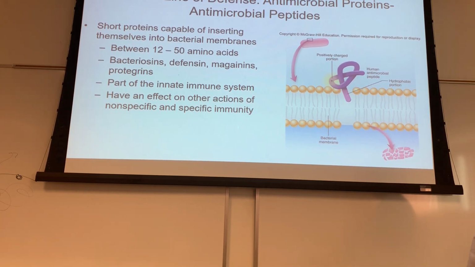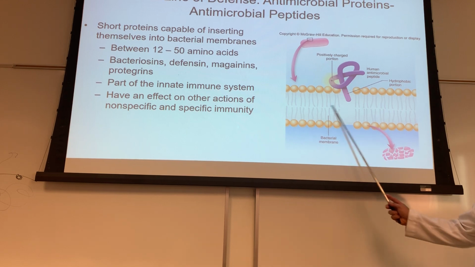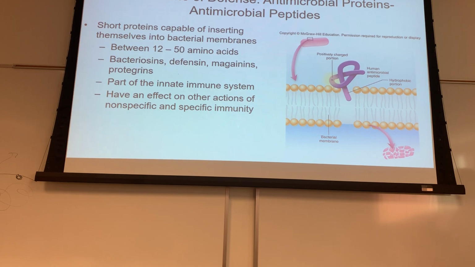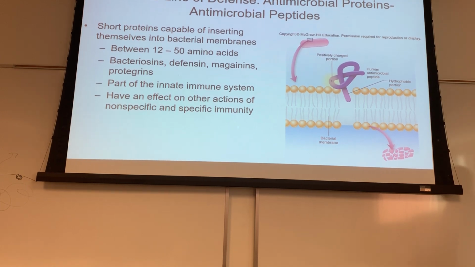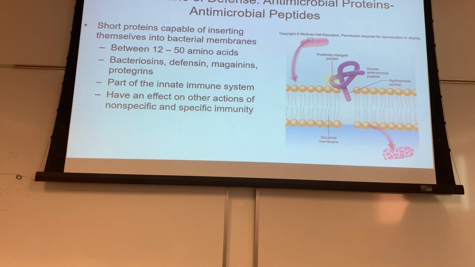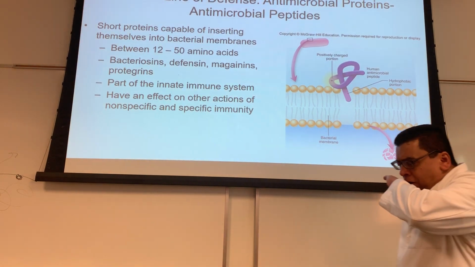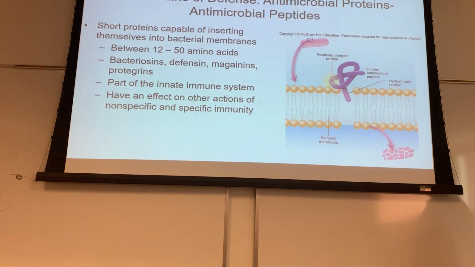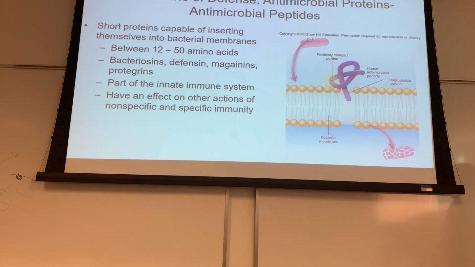And as soon as you disrupt the bacterial cell membrane, the consequence, of course, is lysis. Anything that disrupts the cell membrane, whether it's a surfactant, the membrane attack complex from the complement system, or these antimicrobial peptides, the ultimate goal is lysis of the bacteria.